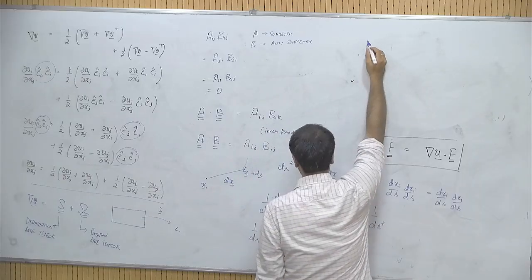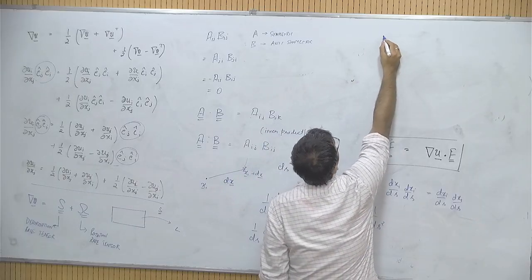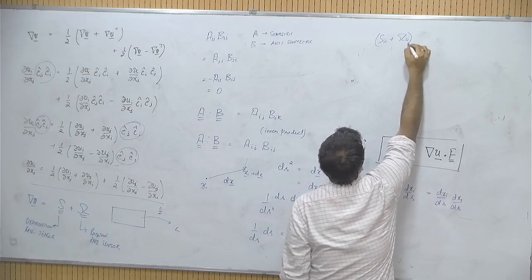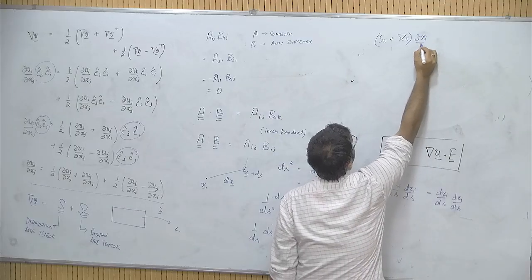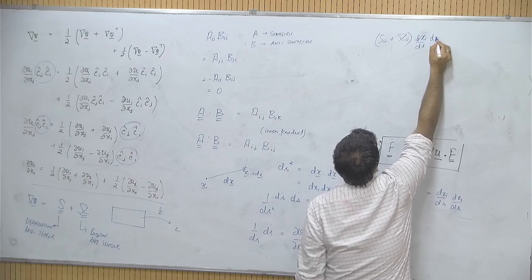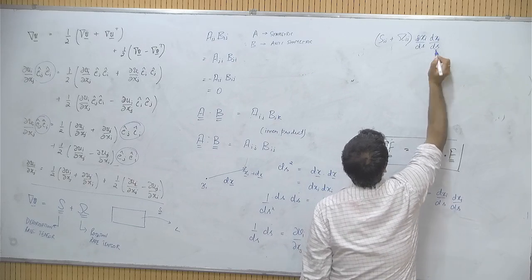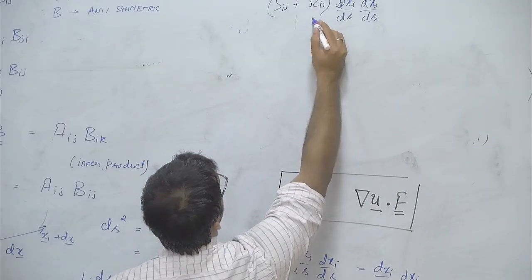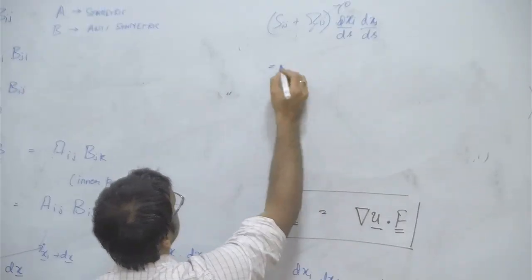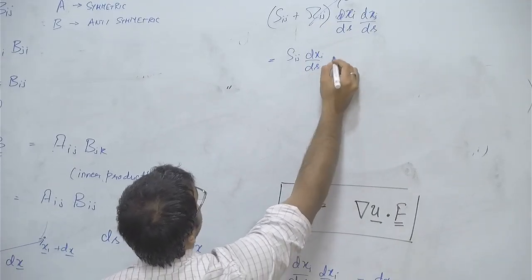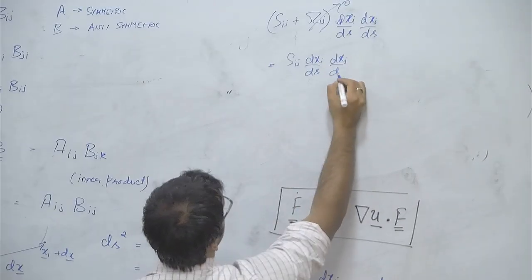So this del vi by del xj is Sij plus omega ij, and the product of the anti-symmetric part with the symmetric tensor is going to be 0. So this is equal to Sij dxi by ds dxj by ds.